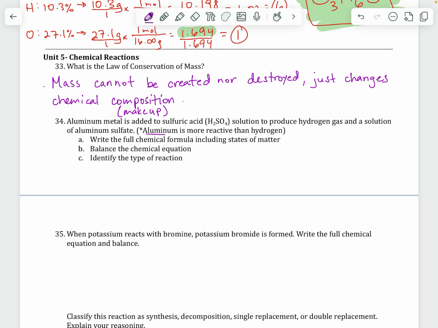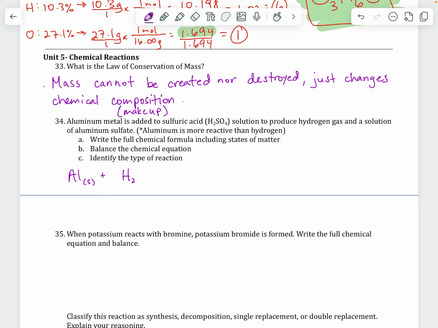We give you that aluminum is more reactive than hydrogen in this case because it is a single replacement reaction, and aluminum was not one of the elements that we tested in lab to create our activity series. So write the full chemical equation, including states of matter. Aluminum metal is Al with a solid designation, added to sulfuric acid.